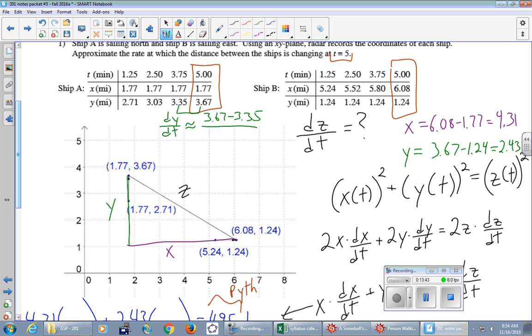The point we're interested in is t equals 5, and the closest point that we have is t equals 3.75. That's all we're going to focus on. Downstairs, change in time. How did you get that? 5 minus 3.75. Everybody see it? Change in y over change in t.